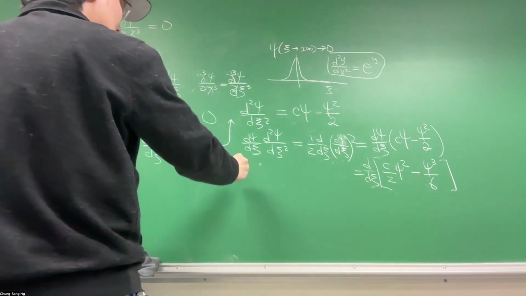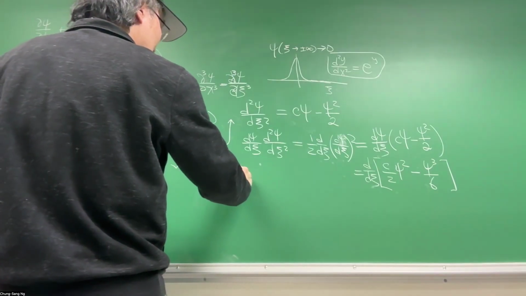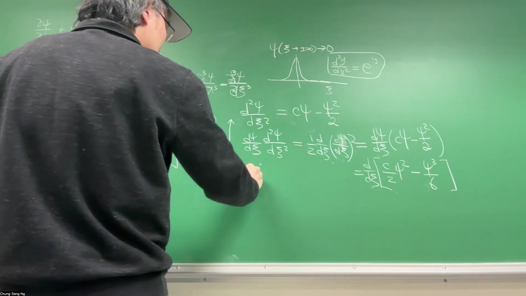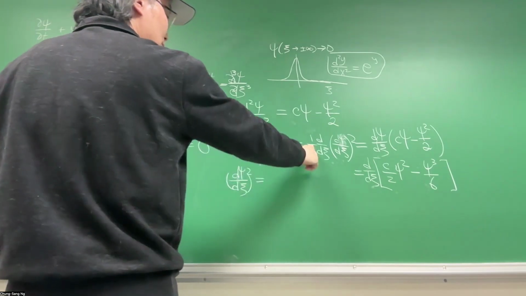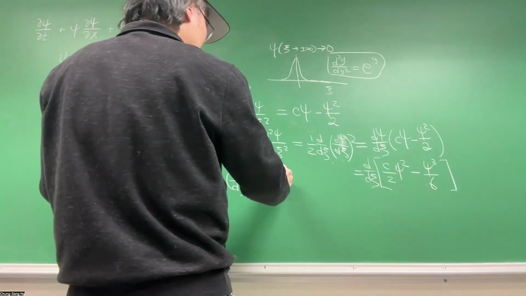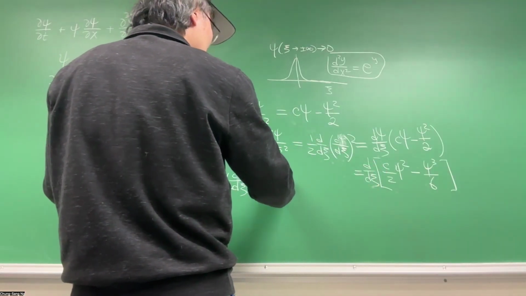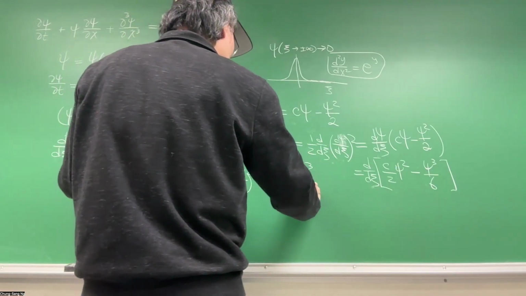So the differential equation reduces to d sine d c squared equals, you can multiply a factor of 2 to the other side, c sine square minus sine cube over 3.